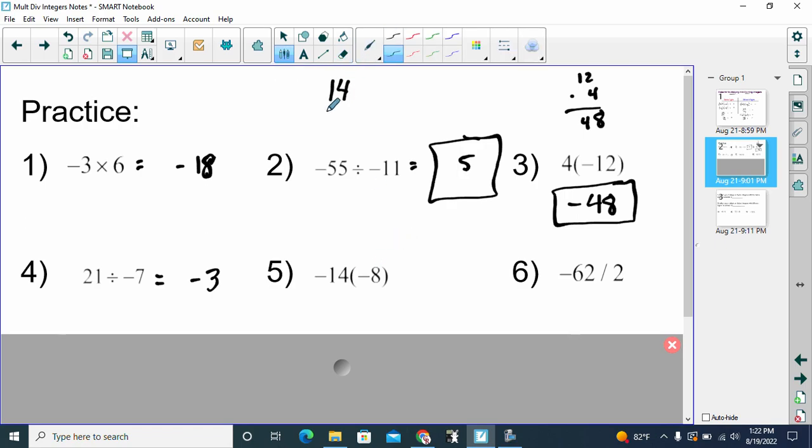I'm not sure off the top of my head what 14 times 8 is, so we're going to write it out. 8 times 4 is 32. 8 times 1 is 8, plus 3 is 11. So 14 times 8 gave me 112, and always double check your sign. Negative times negative is positive.